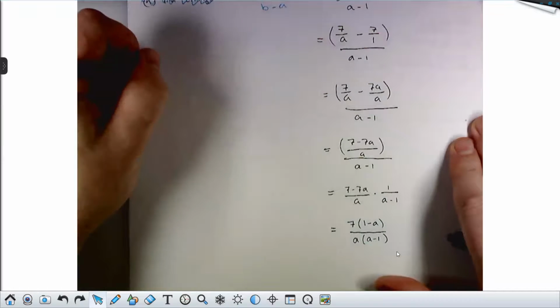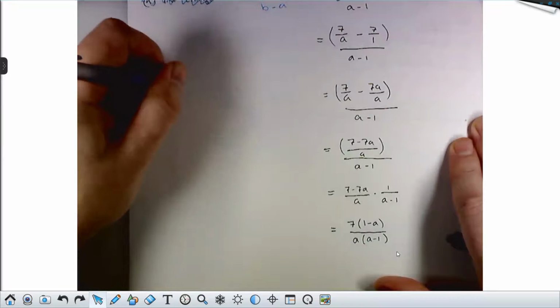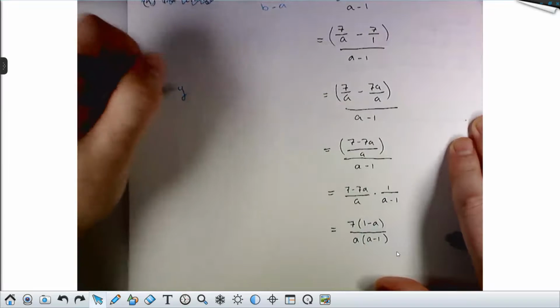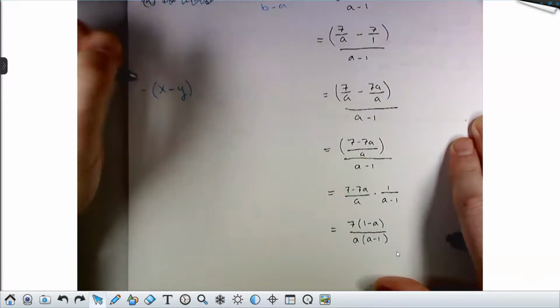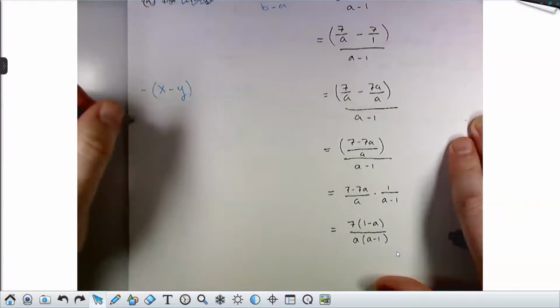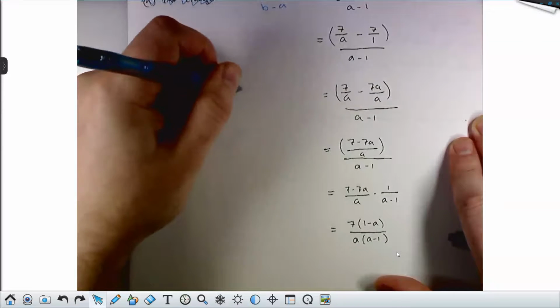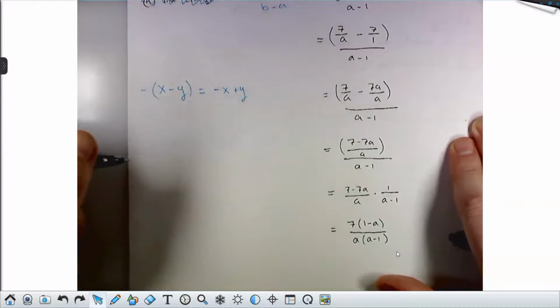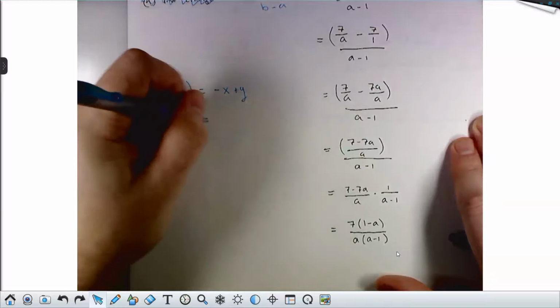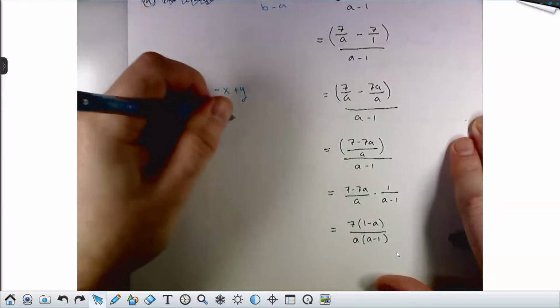So here's a neat fact. X minus y, if we multiply that by -1, or just slap a negative out there, that would be the same as negative x plus y when we distribute. And that's the same as y minus x.